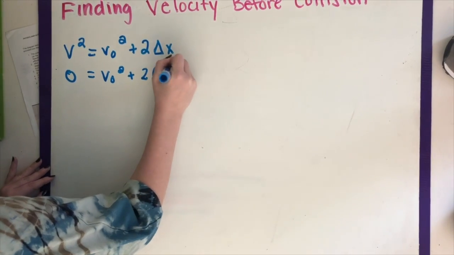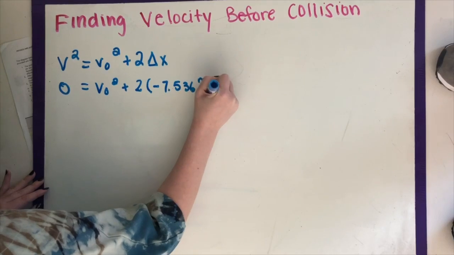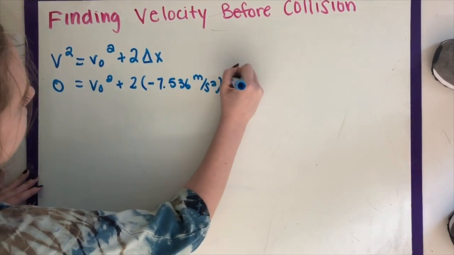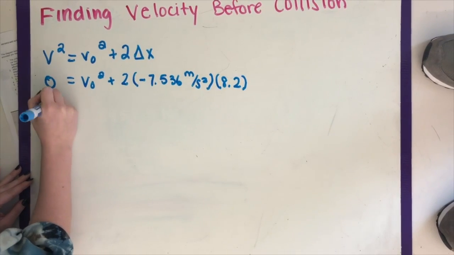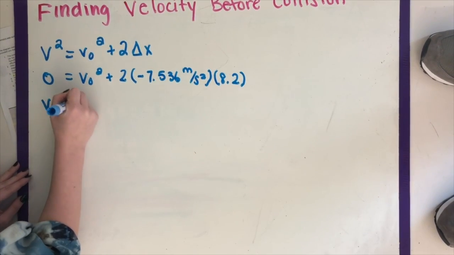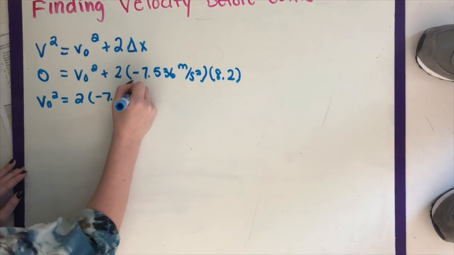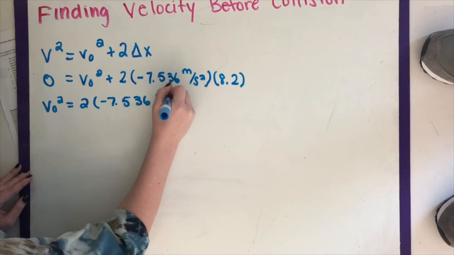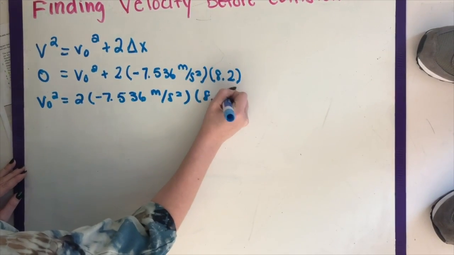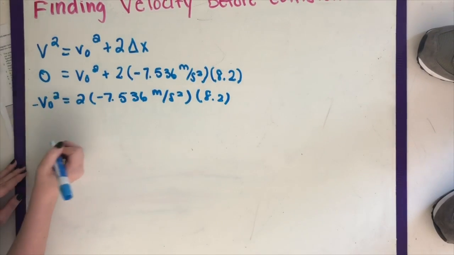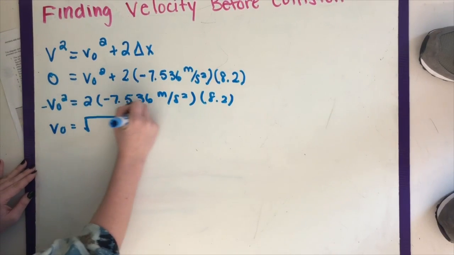We will plug in 0 for v squared, which is equal to the initial velocity squared, plus 2 times negative 7.536 meters per second squared, times 8.2. We found the value of the change of x, which was given because the car skidded a distance of 8.2 meters after the collision. We will isolate the initial velocity by subtracting it from both sides.